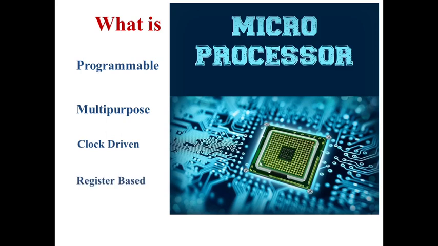There is a storage component in the microprocessor, which we call memory, and this memory is register based. That is why microprocessor is called a register based device. So what is microprocessor? Microprocessor is simply an electronic device which is programmable, multi-purpose, clock driven, and register based.